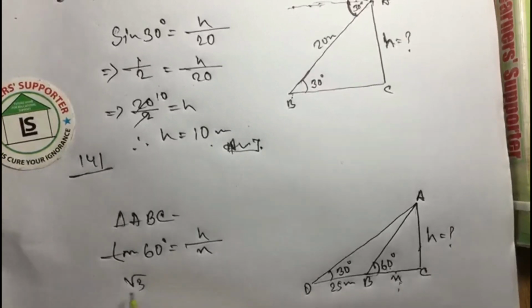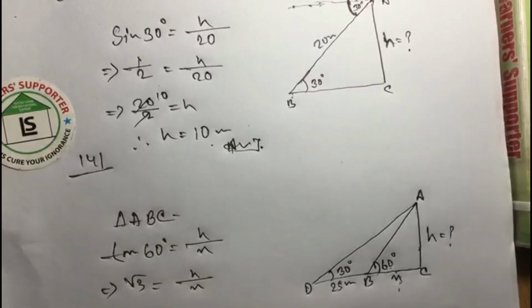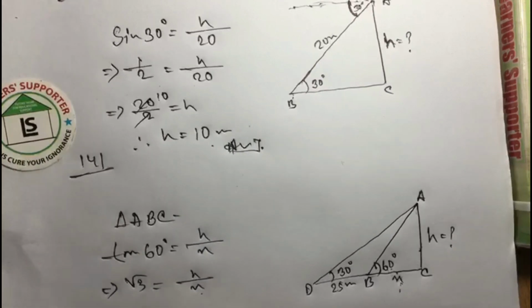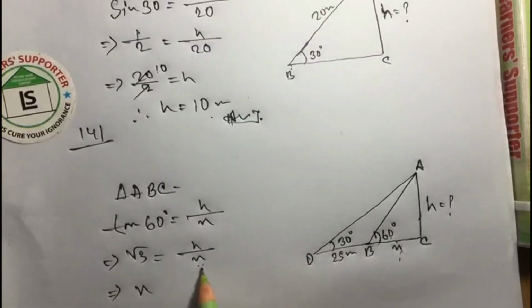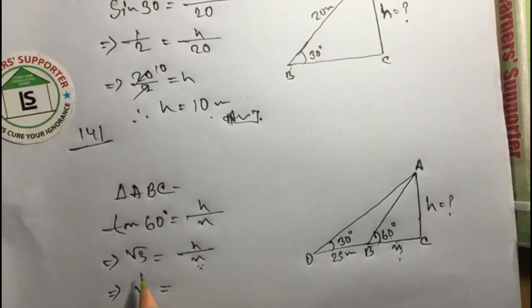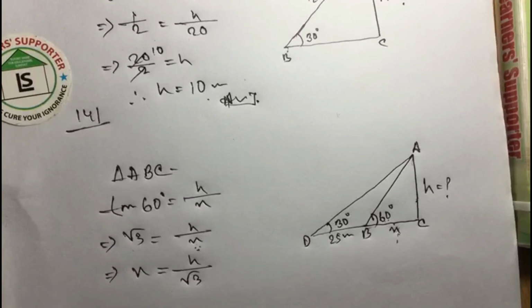That means I can write here root 3 equals h by x. Now if I want to find the value of x, I will transfer the x to the left side. It is in division on the right side, so when I transfer it to the left side, it will be in multiplication, and root 3 is in multiplication. When I transfer it to the right side, it will go in division with h. That means I have got x equals h by root 3.